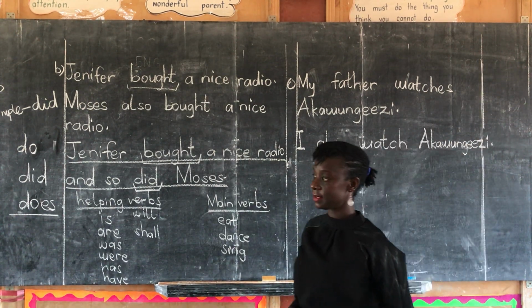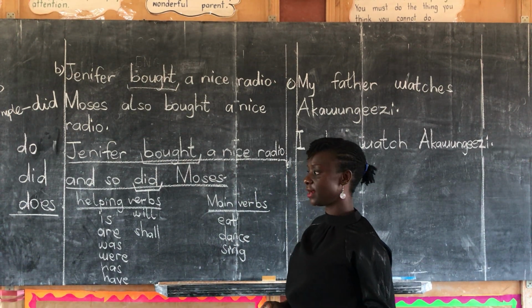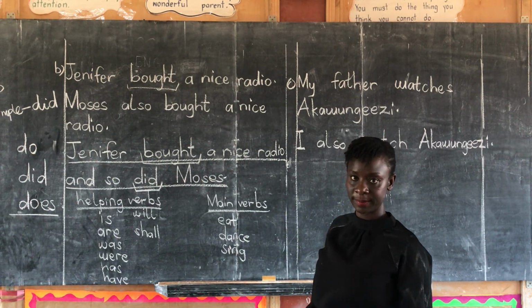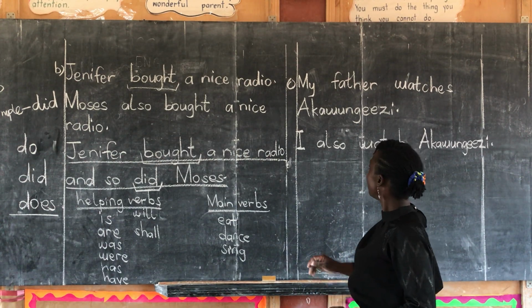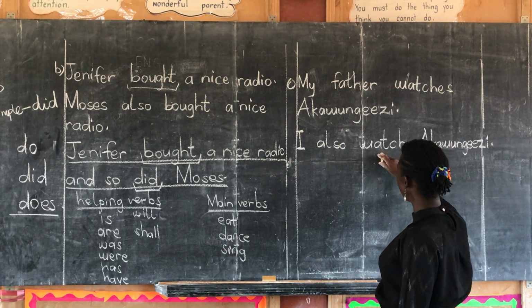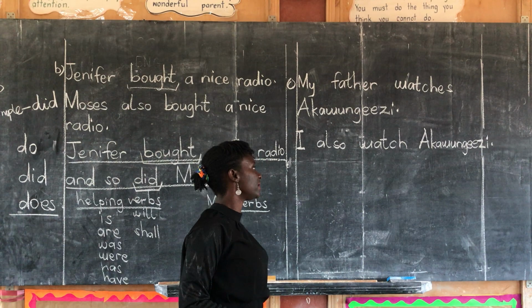Now, akawungezi is the name of the news aired on NTV at 7 p.m. So it is called akawungezi. Now, my father watches akawungezi. I also watch akawungezi. We want to join those two sentences using "and so."